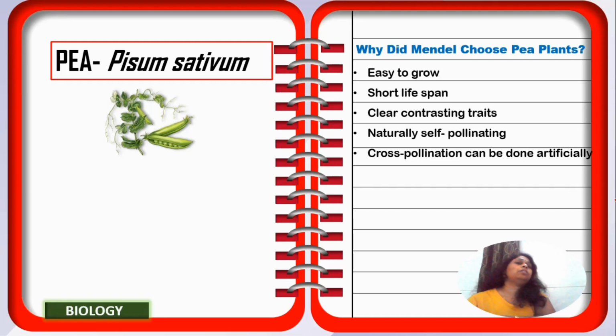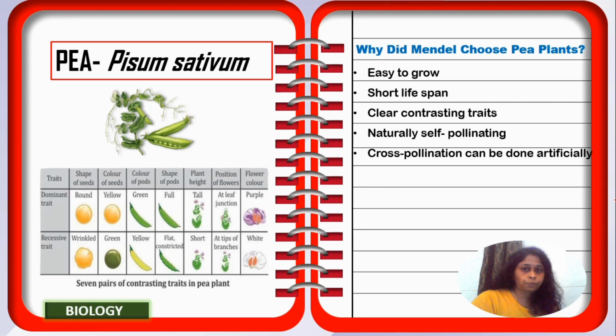Cross-pollination we can do, but in an artificial manner. Otherwise the plant undergoes self-pollination. That's why Gregor John Mendel chose pea plants for his experimental purpose. Now let us see what the contrasting traits in the pea plant are.